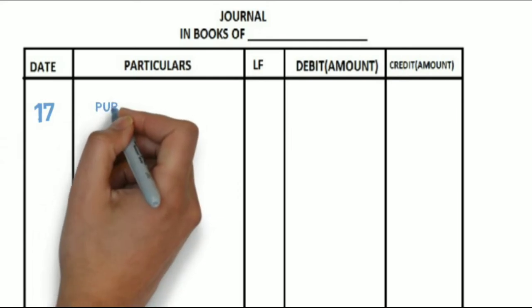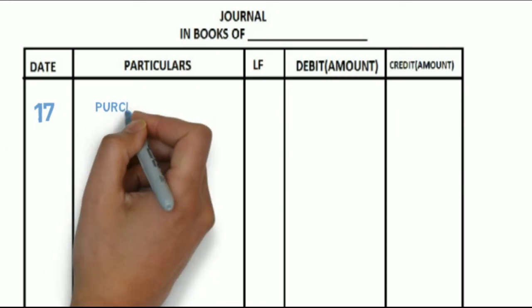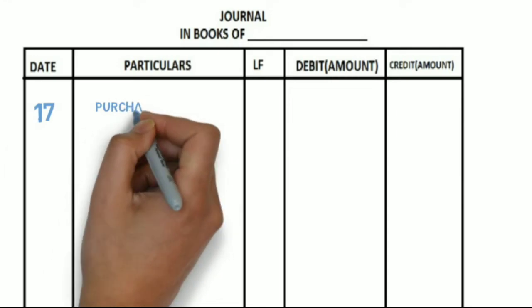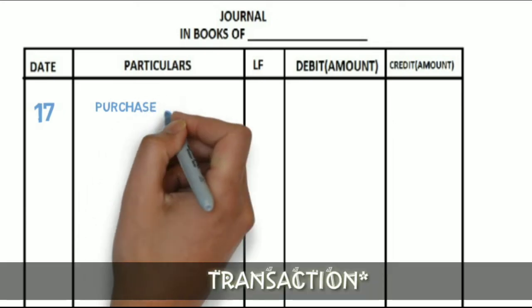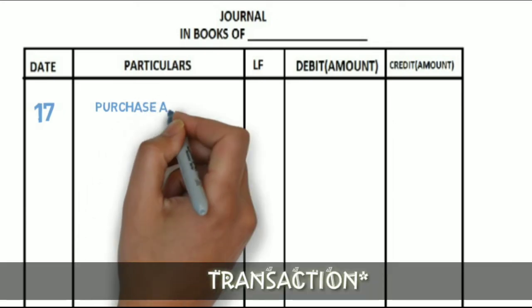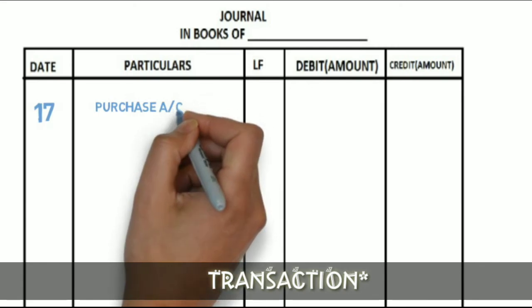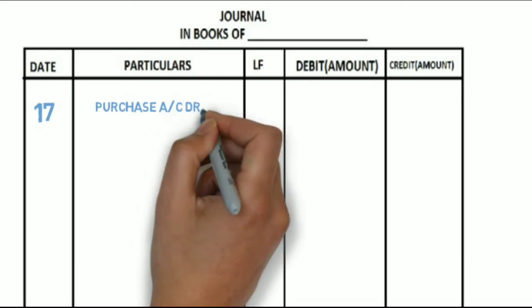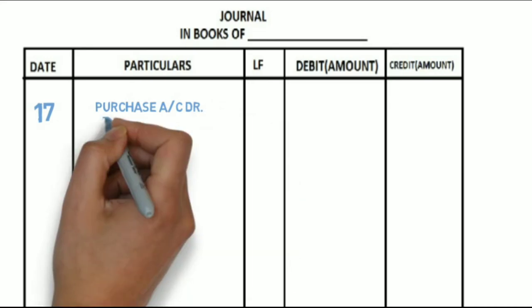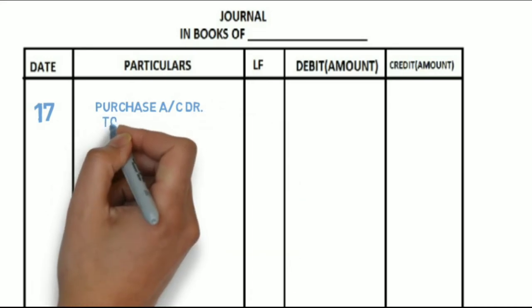So can you tell which are the two accounts reflected in this transaction? Two accounts reflected are purchase account and cash account. Sorry, it was not Sangi account, because it was a cash transaction, not credit.